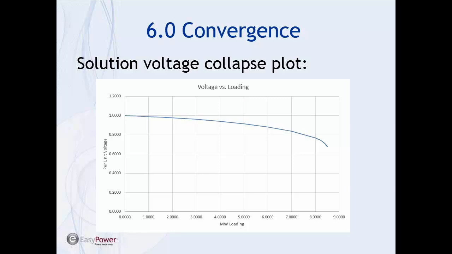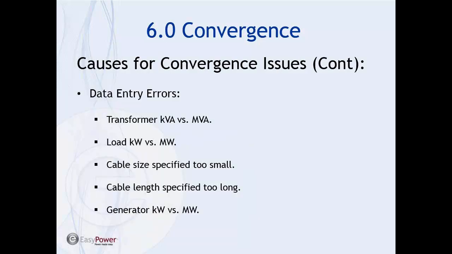And so that's why basically every type of issue seems to always come back to something to do with voltage, and that is voltage collapsing on your system. Please don't confuse this with voltage collapse, the known issue in utility grid systems, which is something that actually happens in real life. This is a solution voltage collapse issue.